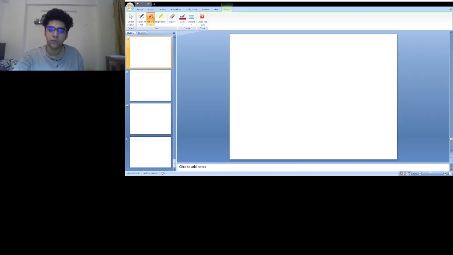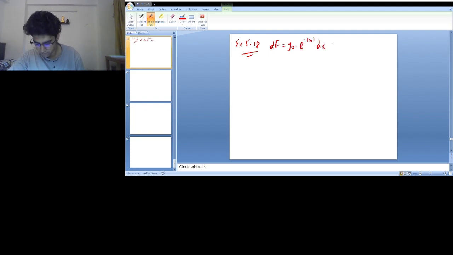Yes, so let's start with example 5.18. Example 5.18 says that dF is equal to y naught e to the power minus mod x dx, where x lies between minus infinity to infinity.